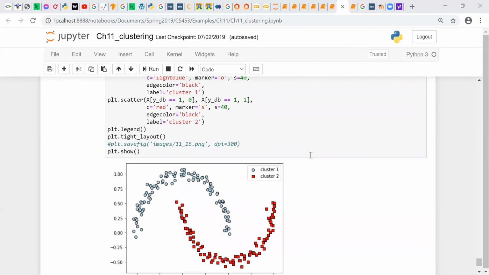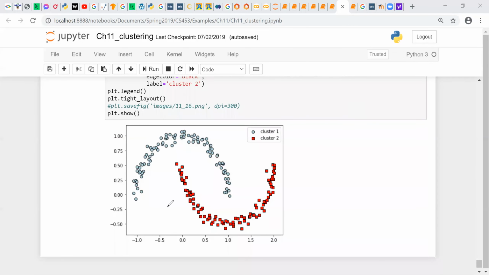In this case, with DBSCAN, this density-based clustering can catch its original clustering feature.